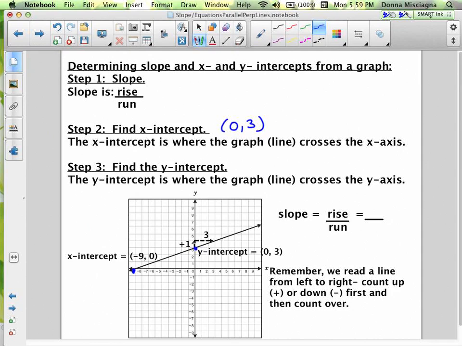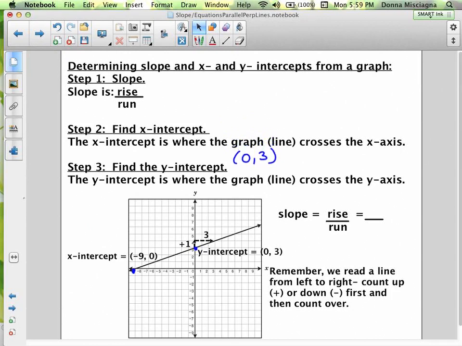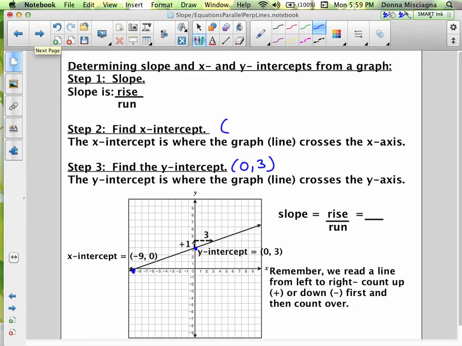That's our x-intercept. Oops, I'm sorry, I wrote down the y-intercept in the wrong spot, because I was talking about the y-intercept on the last page, so I just kept talking about the y-intercept, but I accidentally wrote it next to the x-intercept. Our x-intercept is the point (-9, 0). So notice that y is 0 for the x-intercept, and x is 0 for the y-intercept.